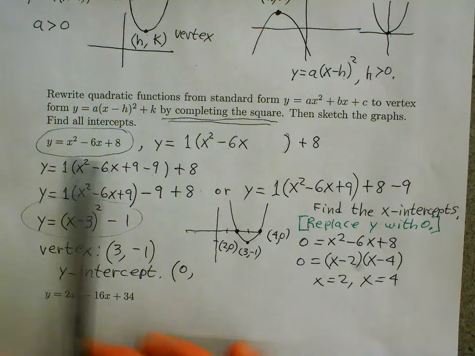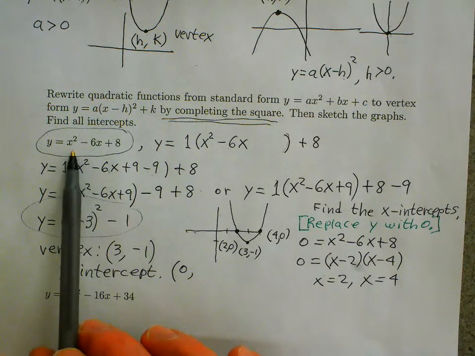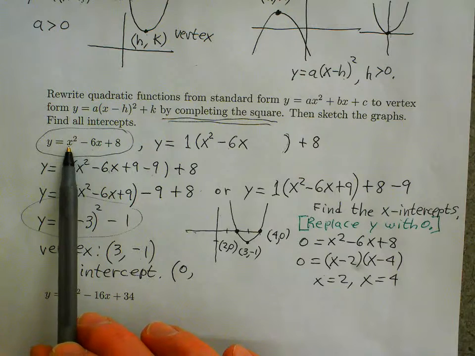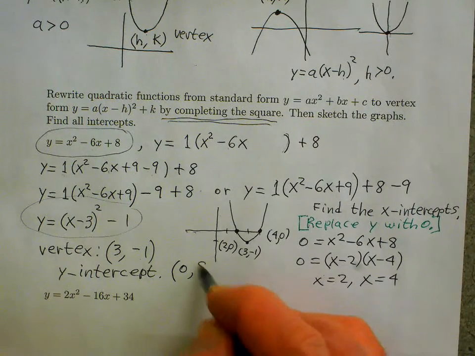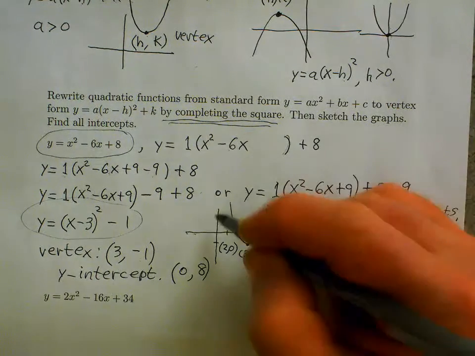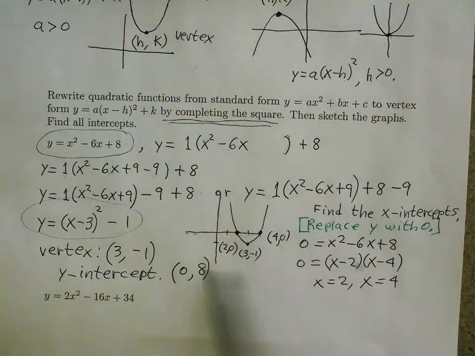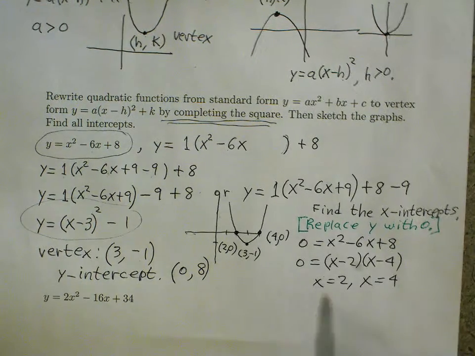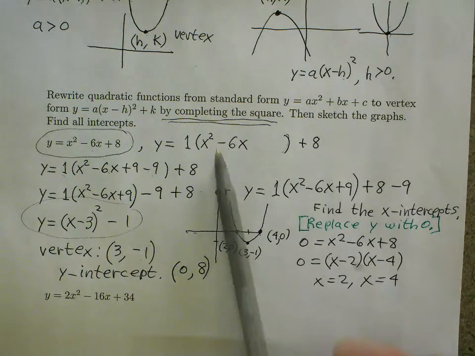But the standard form is probably the easiest. Replace x with 0, we get y equals 8. Okay, so in my small graph, 0, 8 is sort of off the grid.